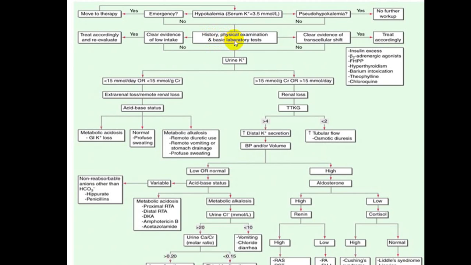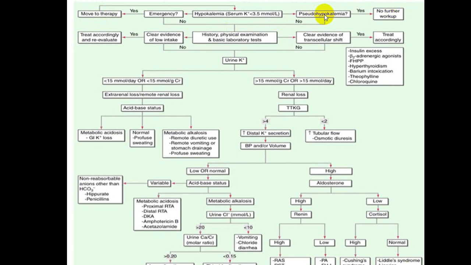Now, if we come across hypokalemia, which is less than 3.5, it is an emergency, so move to therapy and start treatment. If there is pseudo hypokalemia, no further workup is required.